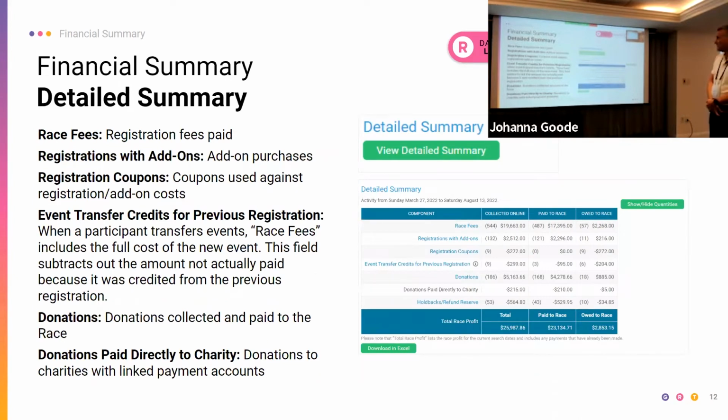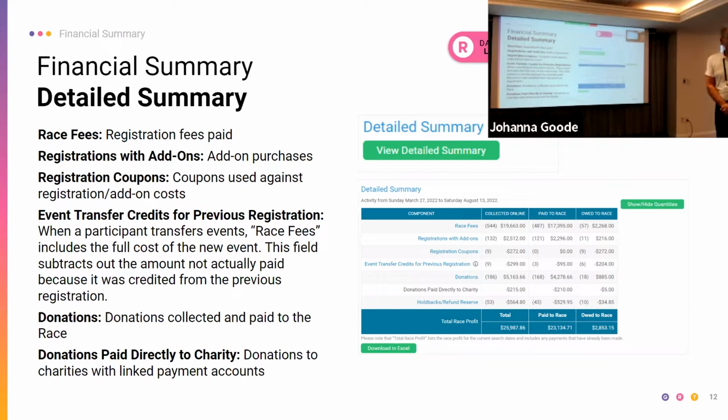Okay, and then there's a little bit of additional information on here. This detailed summary, if you click down further on that same page, shows information in a slightly different fashion.